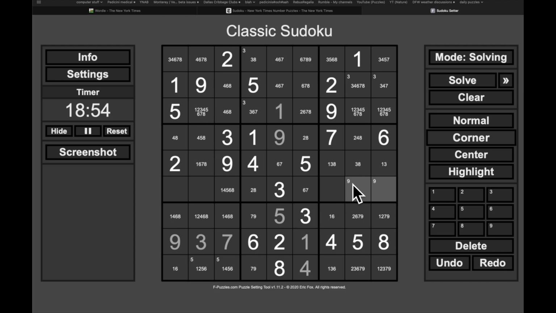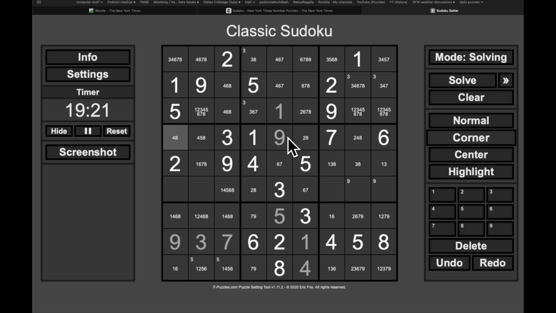Yeah, I had a 9 down here now. I feel like one of these cells has to be an 8. As far as I know, that's still good.